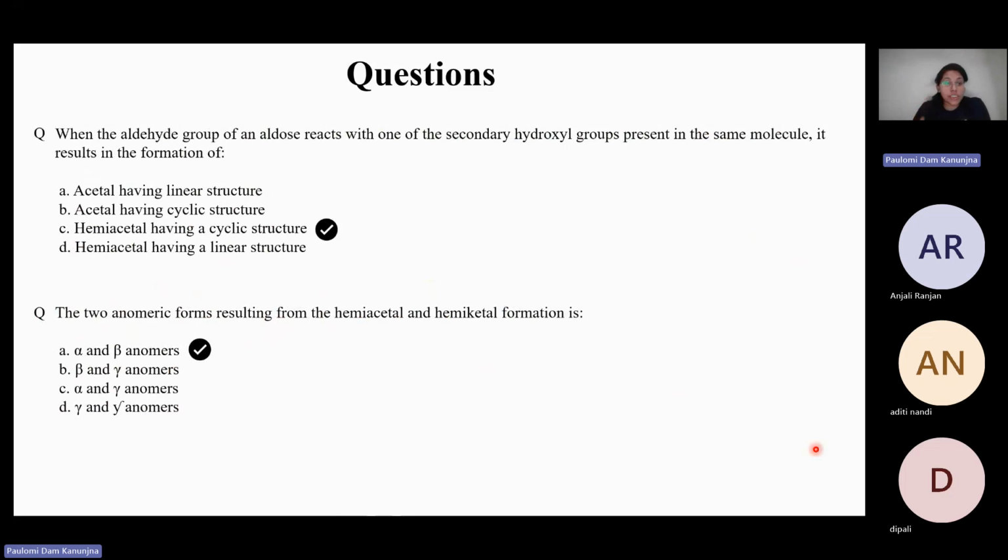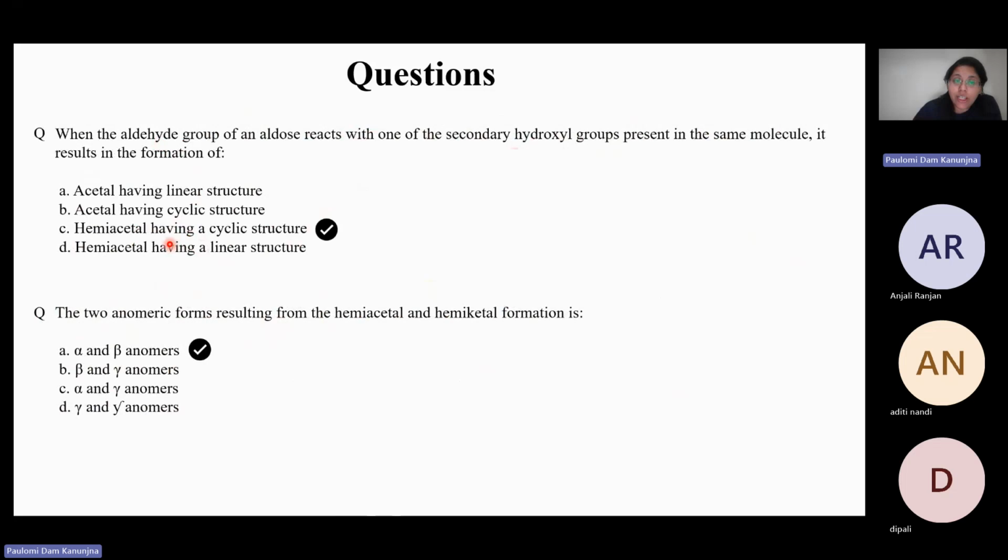Okay. So the first one is when an aldehyde group of an aldose reacts with a secondary alcohol, what structure does it form? So we know that when this reaction takes place, it forms a cyclic structure. And when it is taking place with an aldehyde group, this is hemiacetal. This is not an acetal group. Acetal group doesn't have that cyclic form. That's a different chemical reaction.